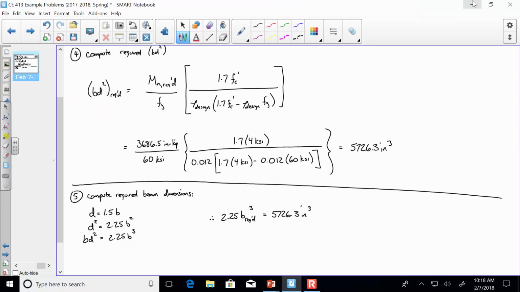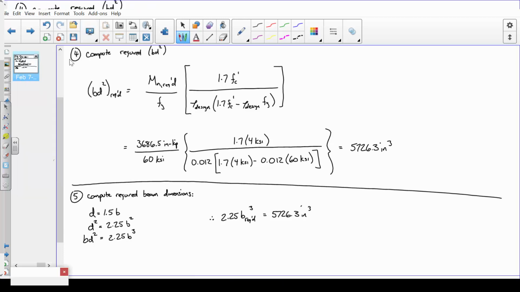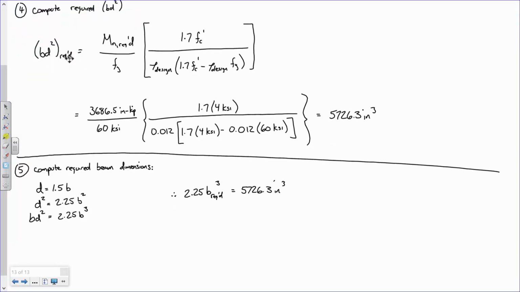And typically, you're going to want your D over B ratios to be somewhere between like 1.5 and like 2.5. You don't want a D over B ratio of like 8 unless you've got some seriously high moments and shears. And you're also not going to want a D over B ratio of like 1/8 unless you're dealing with something like a slab. But we design slabs way differently anyway, so that's not even really an appropriate comparison.